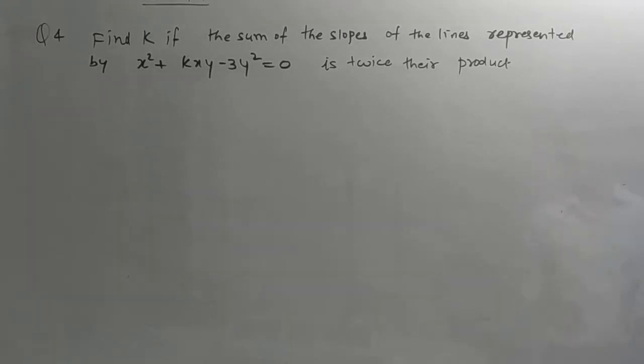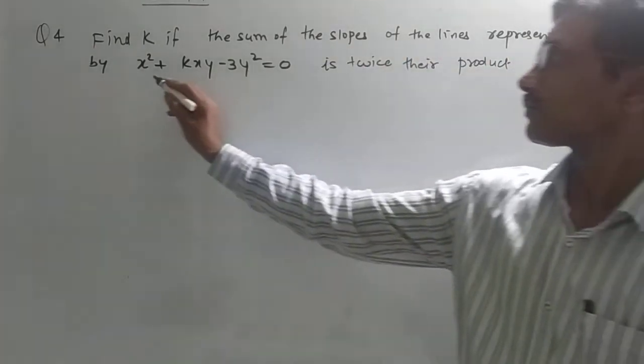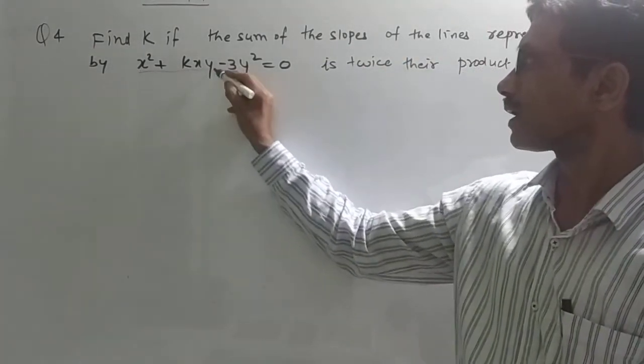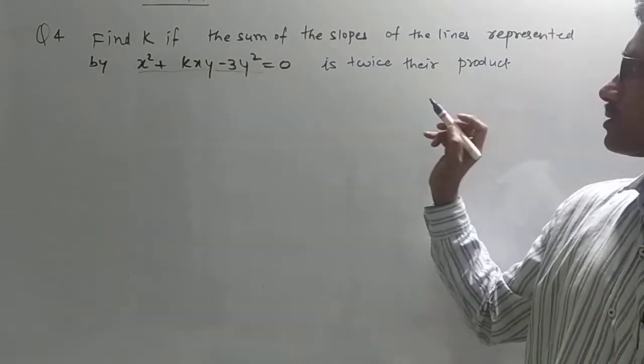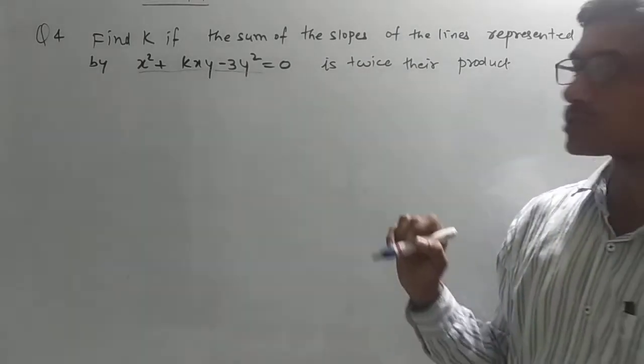Question number 4. Find k if the sum of slopes of lines represented by the equation x square plus kxy minus 3y square equals 0 is twice their product. Sum of the slopes and product of the slopes.